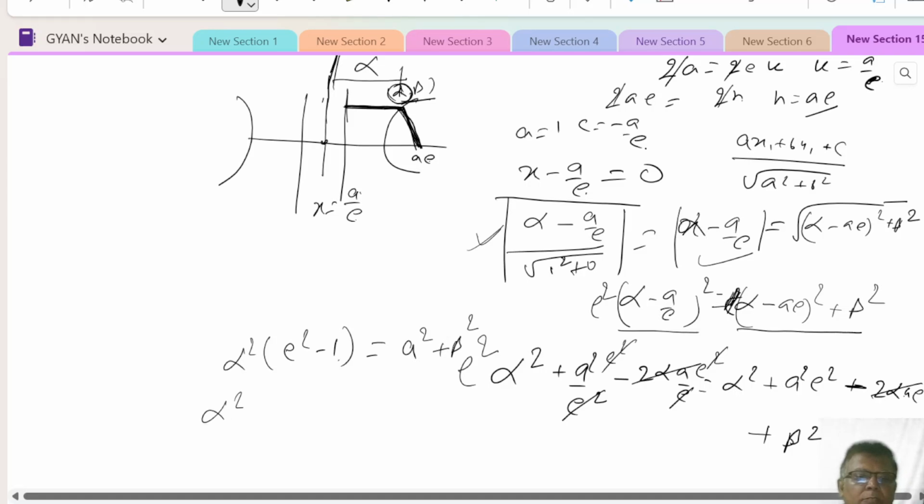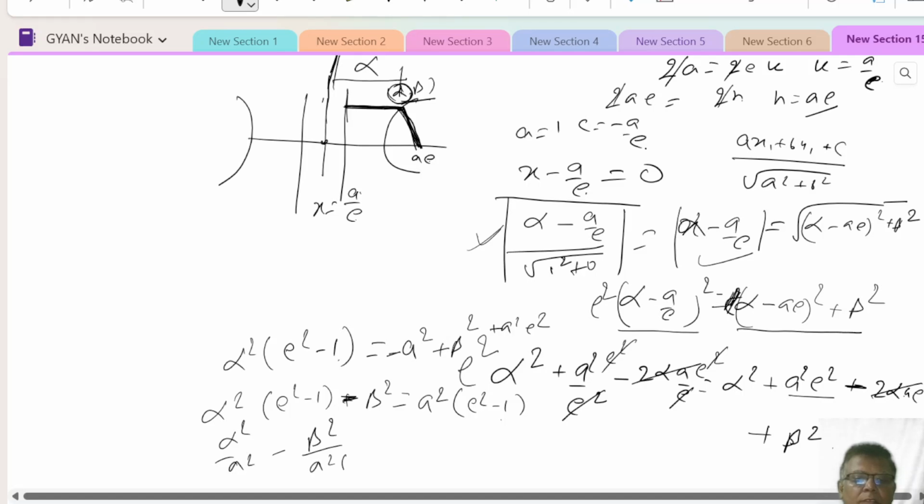So alpha square e square minus 1 minus beta square is equal to, and this one is also a square. a square, this side it will go minus, and beta square, and this one plus a square e square. So beta square got here this side, so a square common, e square minus 1. So alpha square by a square minus beta square by a square e square minus 1 is equal to 1.